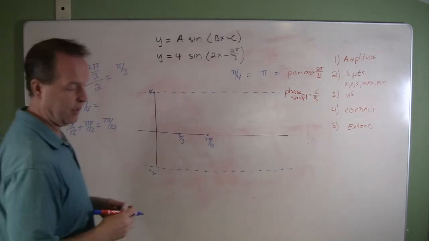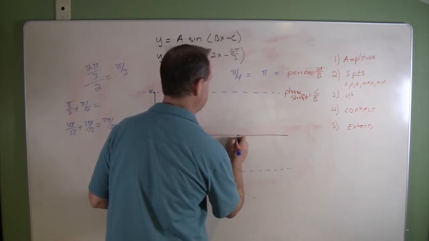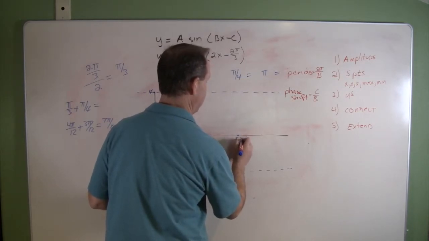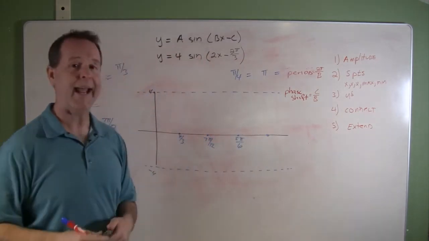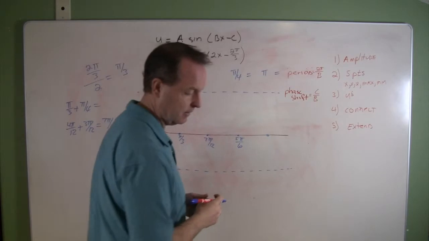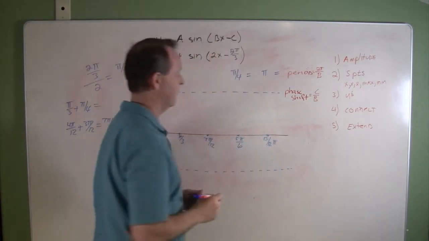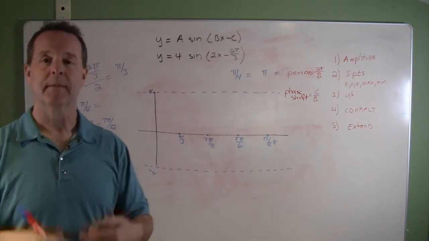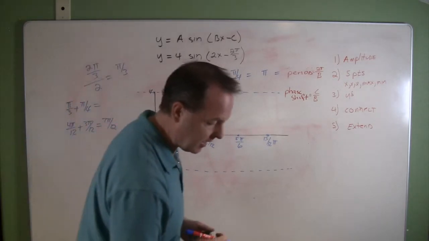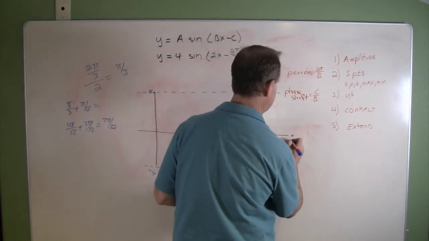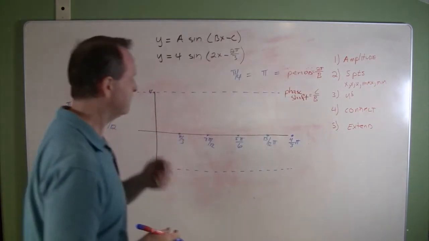Same process, and we get 5/6 pi. Add another pi fourths to that and I get 13/12 pi. Then we find one more 1/4 pi mark past that, which gives me 4/3 pi.